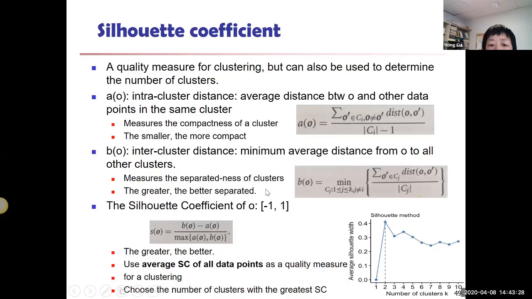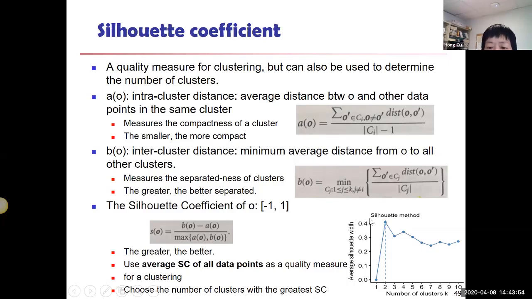Another method that gives you a clearer solution is to use the Silhouette coefficient. Again, the idea is to measure the quality of the clusters and plot this quality.